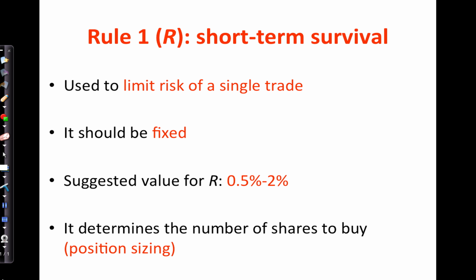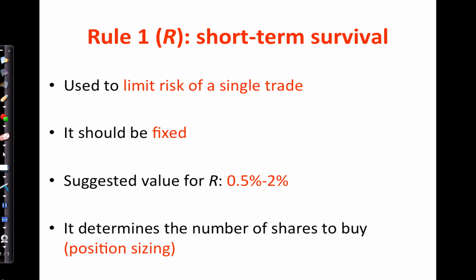And this value should be fixed. And I suggest you to take something in the range 0.5% to 2% of your capital. If you are experienced, you may go to the upper limit around the 2%. Some people may take even 3%, but I think it's quite high. If you're just starting, I think 0.5% is good enough.